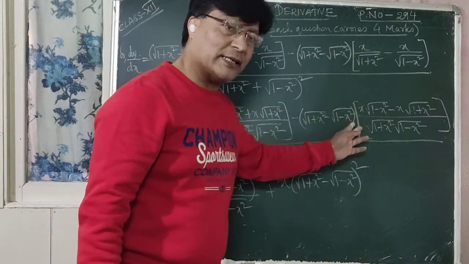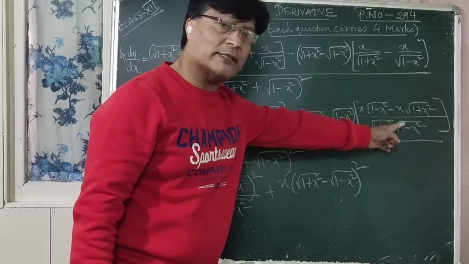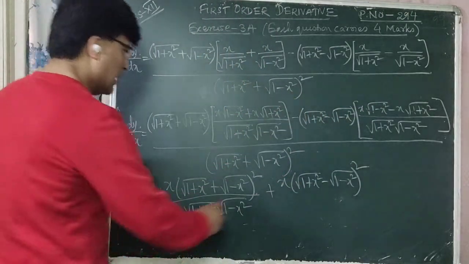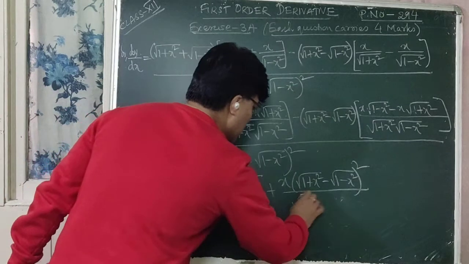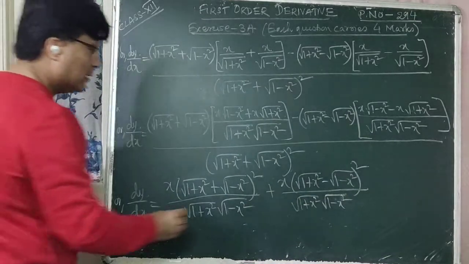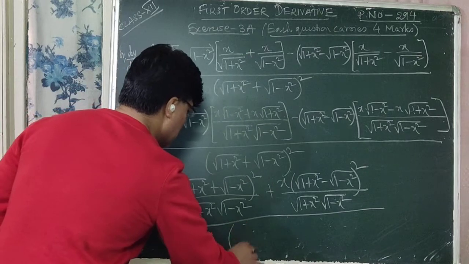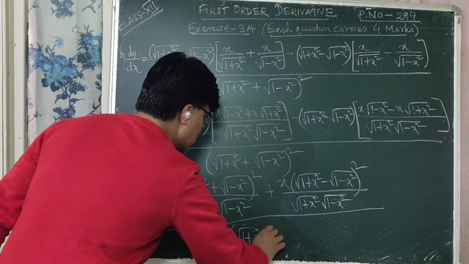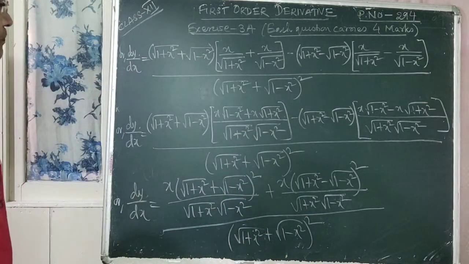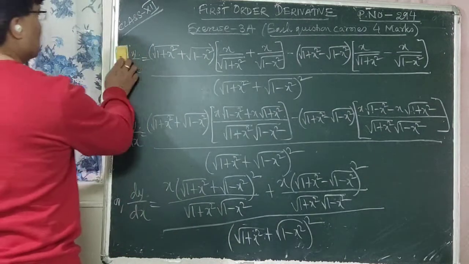Because if you take minus x as common, you will have root over 1 plus x square as the first term and root over 1 minus x square as the second term. And these two expressions are multiplied to get whole square, divided by root over 1 plus x square root over 1 minus x square. Okay, so whole divided by what? Whole divided by root over 1 plus x square plus root over 1 minus x square whole square. Is that clear to all of you?